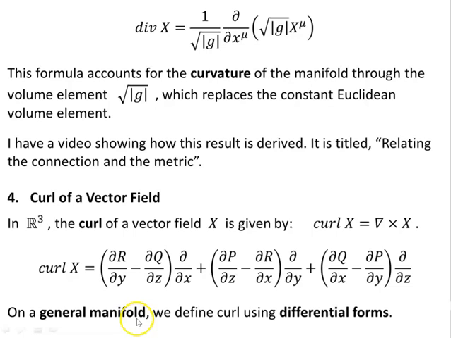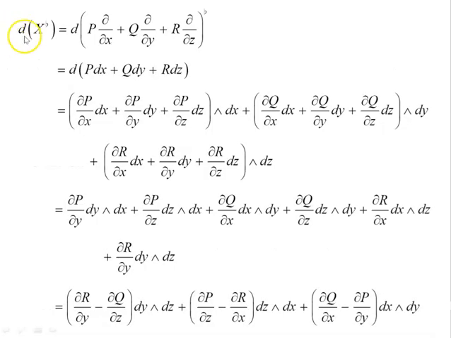But on a general manifold, we can define curl using differential forms. So take the exterior derivative of the flat of the vector X. We flat that, which gives us this object here. Now take the exterior derivative of that, which is d acting on this.